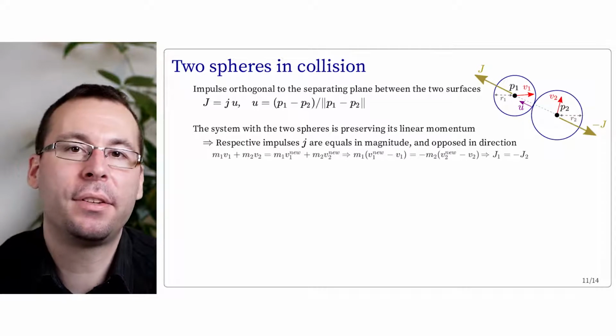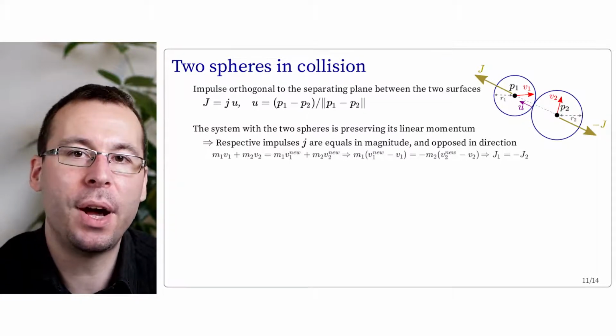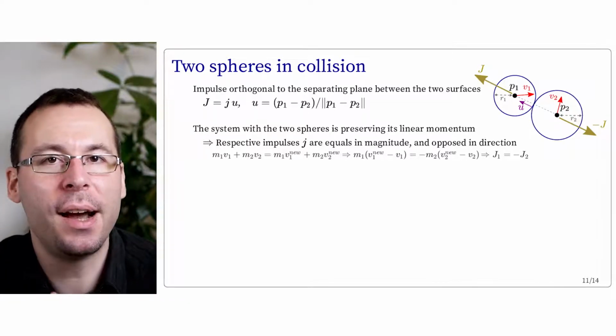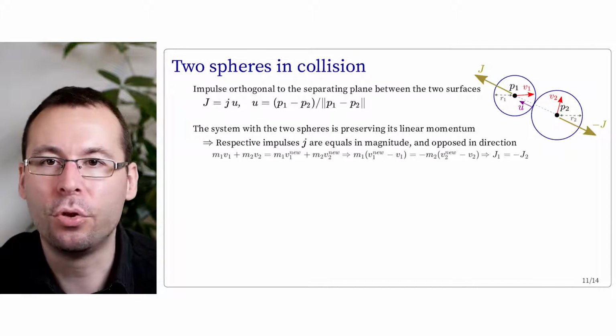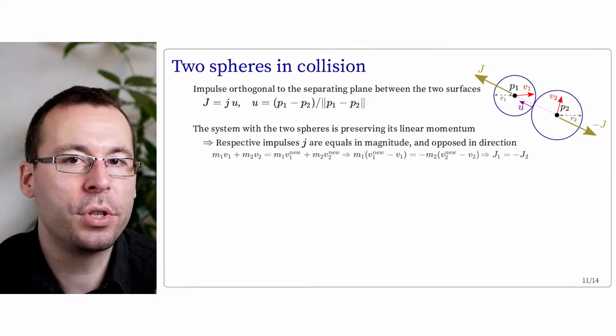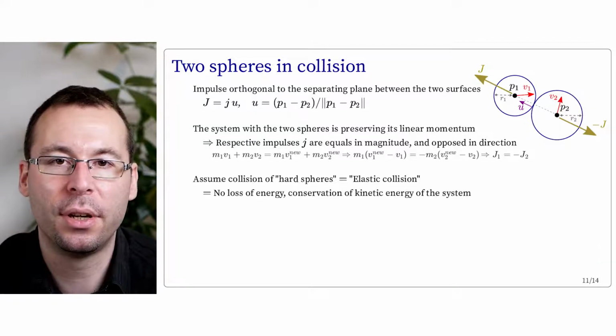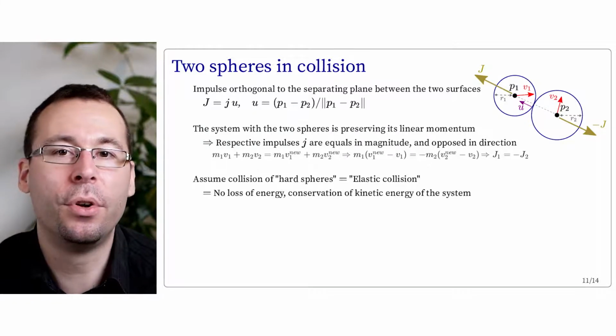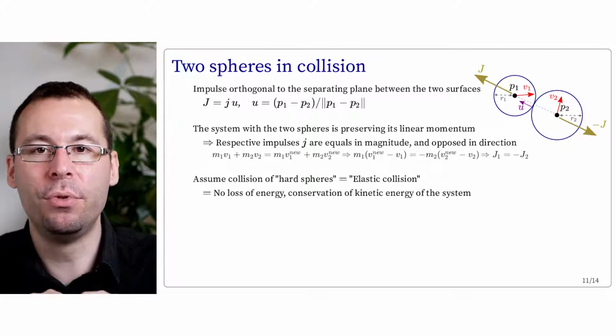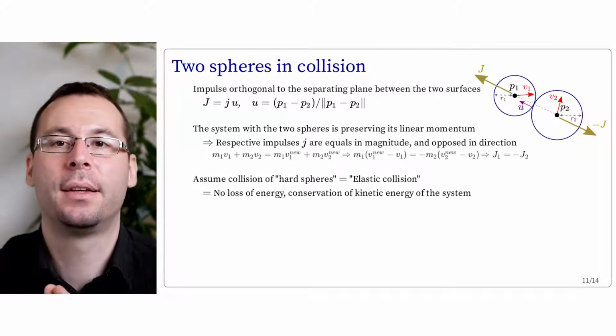Now, to find the actual value of the impulse, we need to have more assumptions about the type of collision. So the most common type of collision is the one called elastic collision. This is the model of the hard spheres, which leads to the bouncing of the spheres.